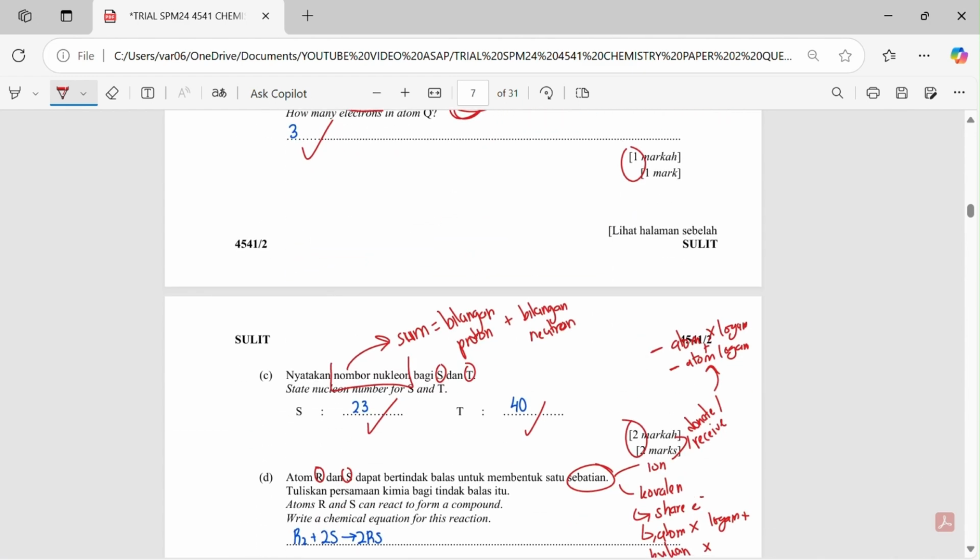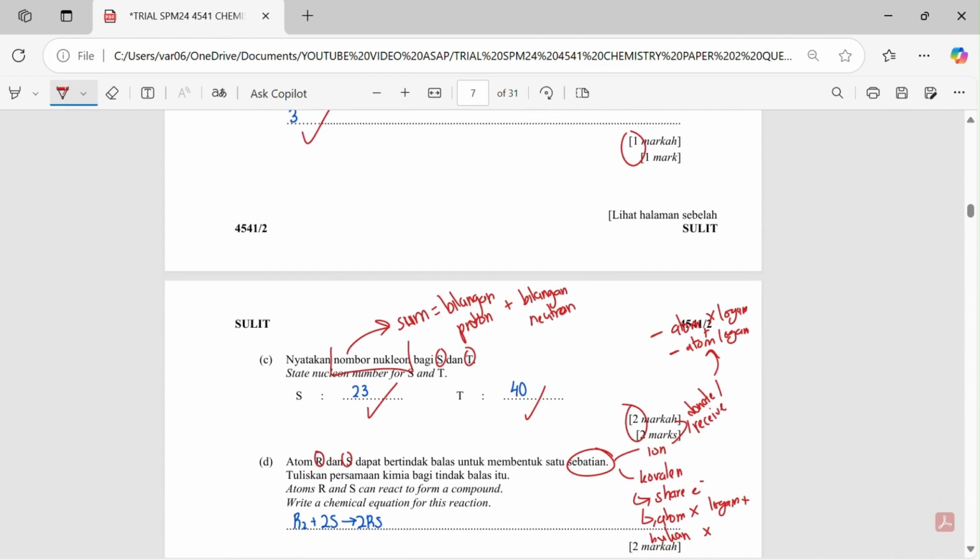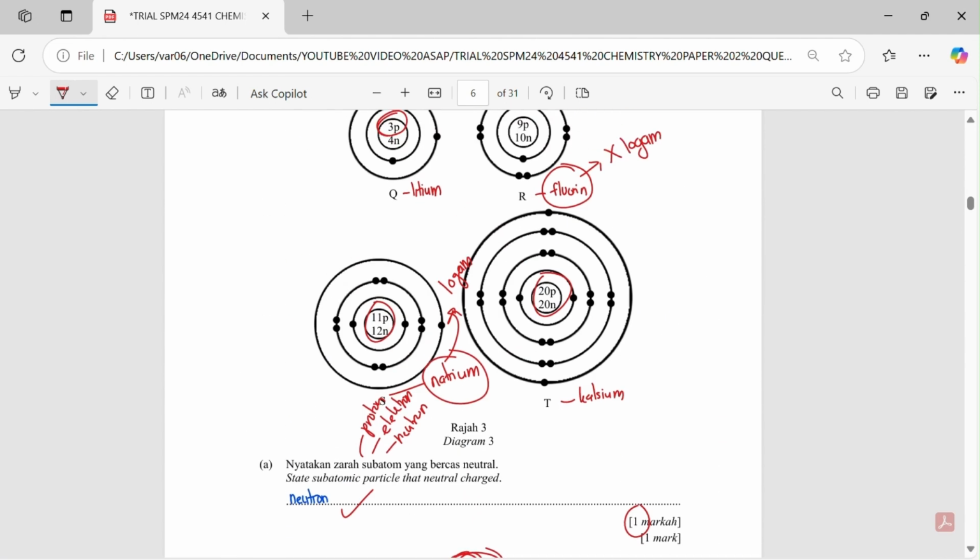So as I already explained, for sebatian ion, atom bukan logam will form bond with atom logam either by donating or receiving.